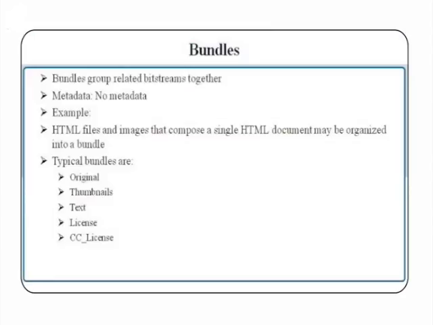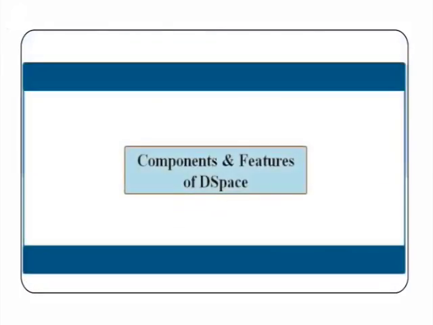For example, when you have an HTML page, it may also contain links to other HTML documents, images, Flash objects, etc. Therefore, to view that HTML page, you also need to have all associated files. Therefore, the HTML file along with other associated files makes a bundle. DSpace doesn't support any metadata for bundles. Now we have gone through the information model of DSpace.